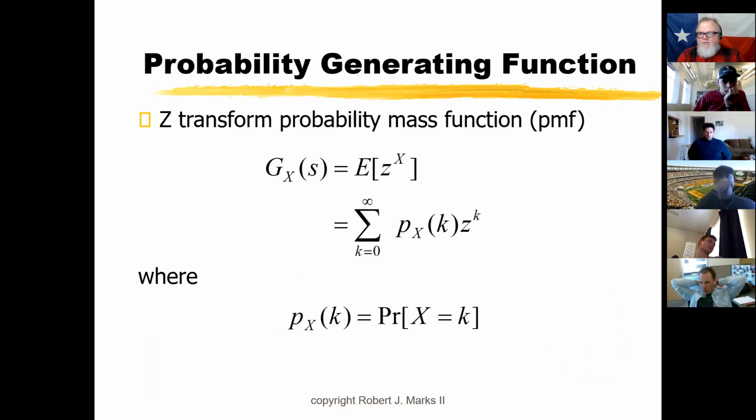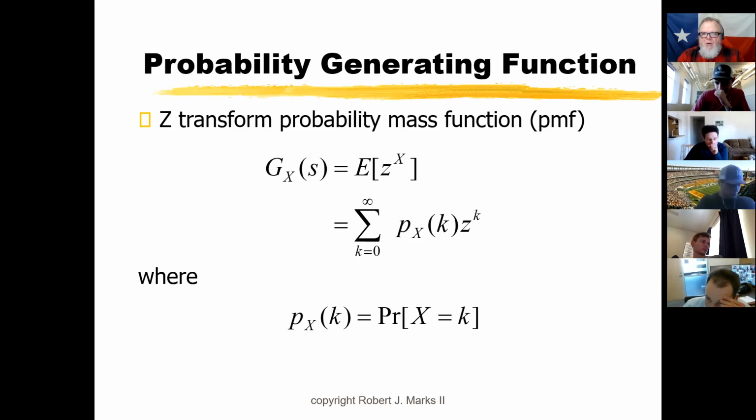Now, we also know that we have Z transforms, right? Electrical engineers do Fourier transforms and Laplace transforms, and for discrete time systems, we do Z transforms. Well, if you have a discrete random variable of the so-called lattice type, in other words, the probability masses exist at integers 1, 2, 3, 4, 5, then you can do a Z transform of the probability mass function. You get something called the probability generating function, which you can see at the top of the slide.